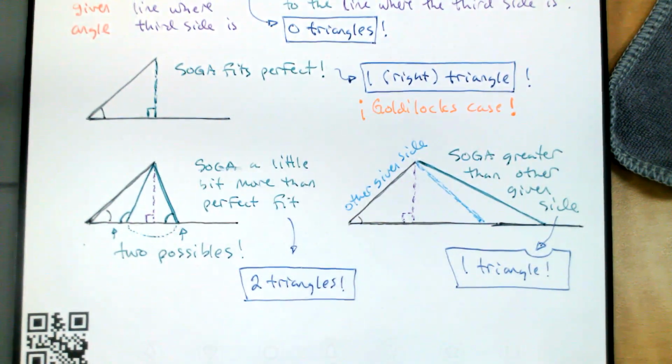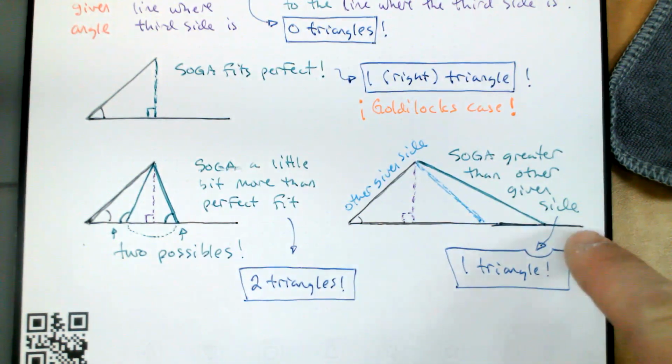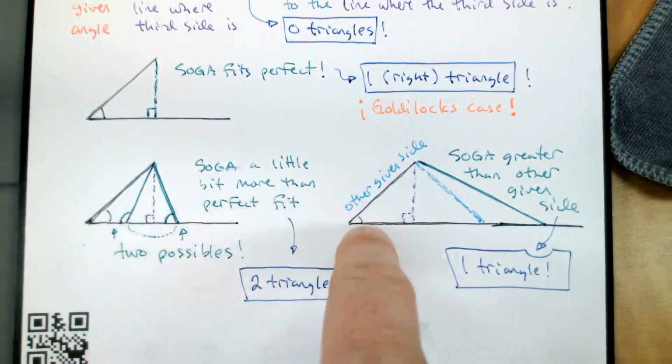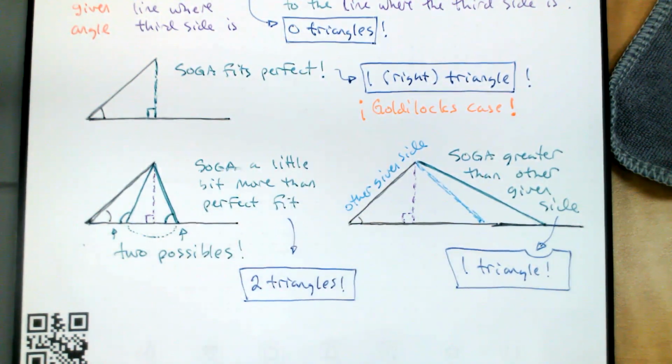So if the side opposite the given angle is greater than the other given side, then we'll be back to one triangle. I can't swing it to either side of the height, because if I tried to swing it to the other side, it would go past the vertex of the given angle. So the ruling is going to be one triangle.